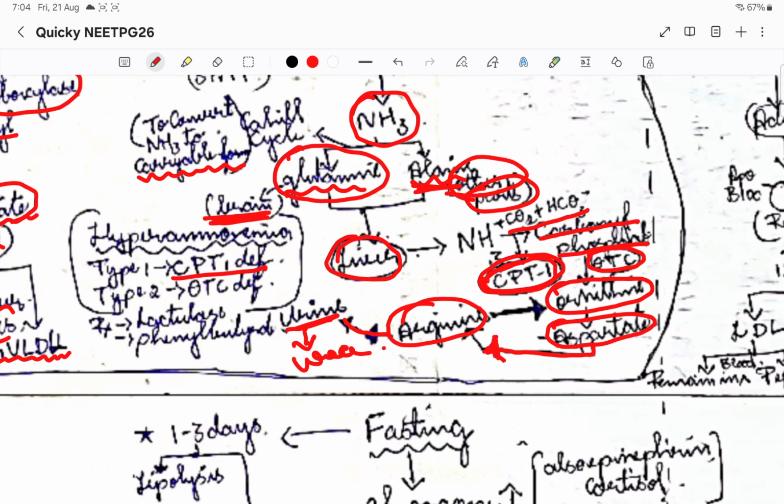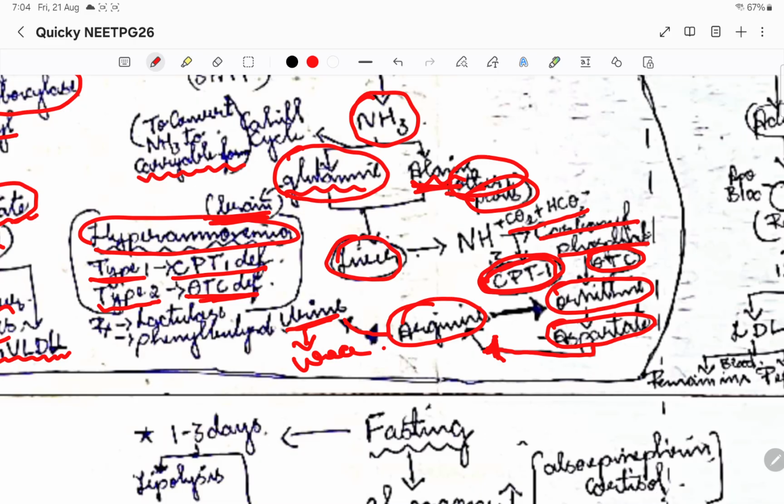Ammonia starts accumulating in the liver, where this enzyme deficiency is present, so it is going to be dangerous. Ammonia is dangerous, so it is going to cause hyperammonemia type 1 if CPT1 is deficient. If OTC is deficient, then it is going to form hyperammonemia type 2.